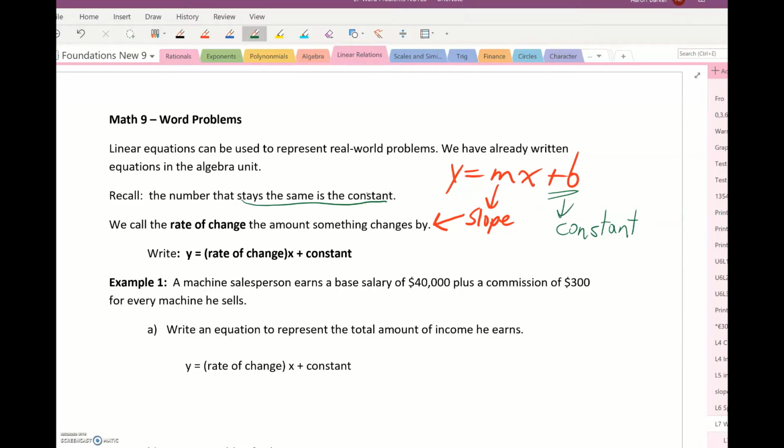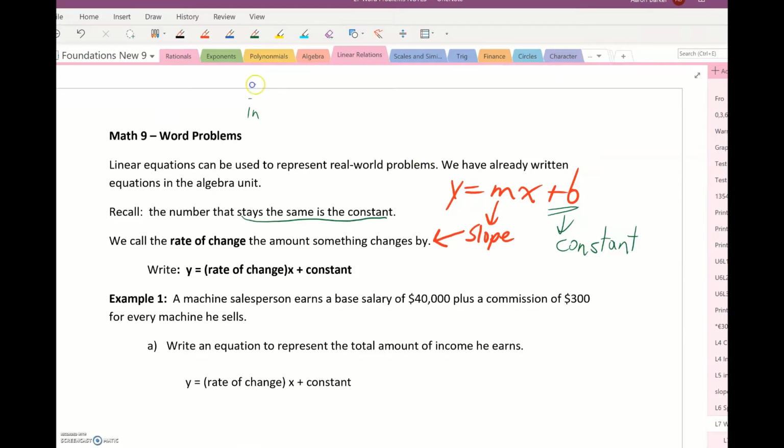Now, what we try and do is we try and use, instead of x and y, we can use descriptive letters.